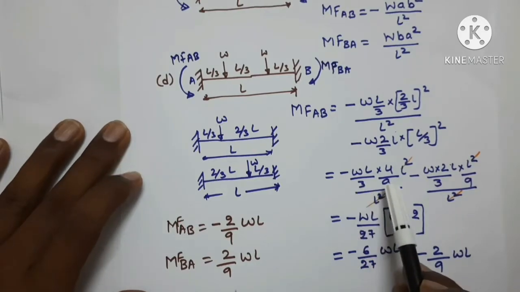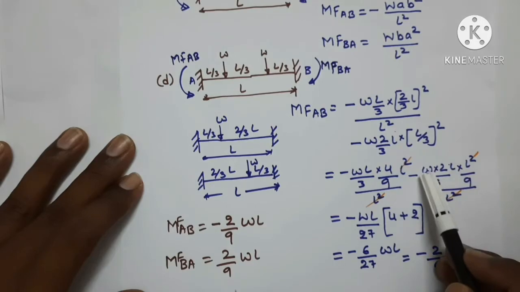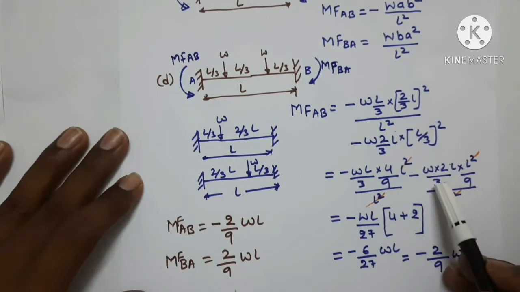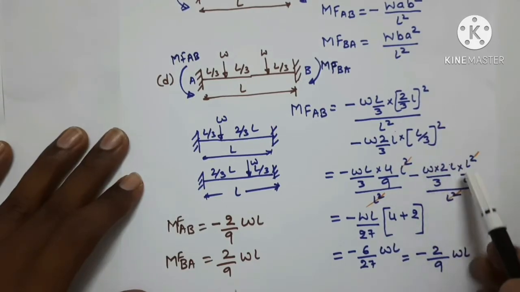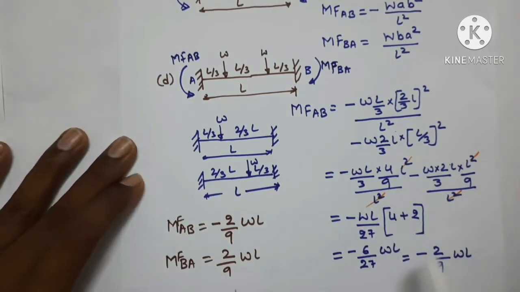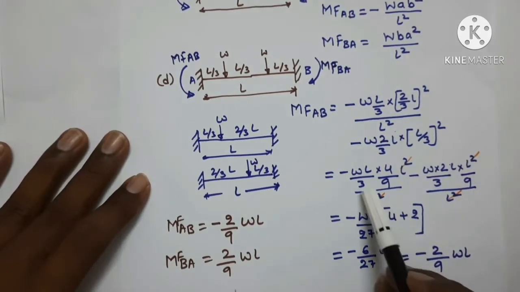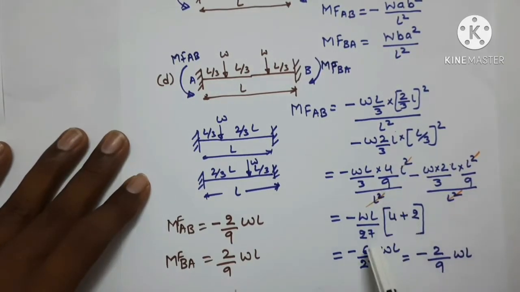So it is 3 here, 9, 3 and 9. Then minus, I will simplify this also: W, 2/3 of L into L square by 9. L square is there in the numerator and divided by L square, so L square cancels directly. So here 3 into 9 is 27.